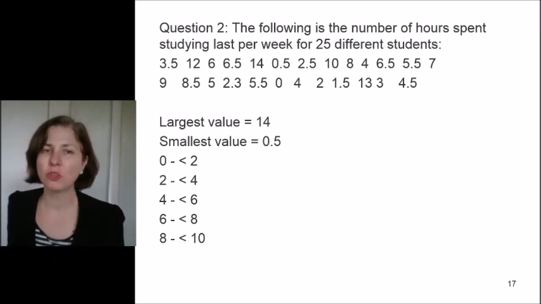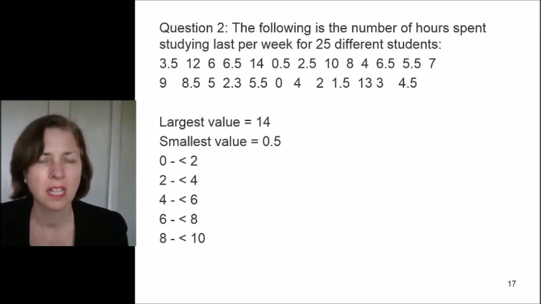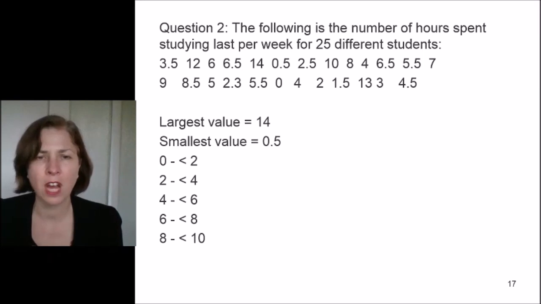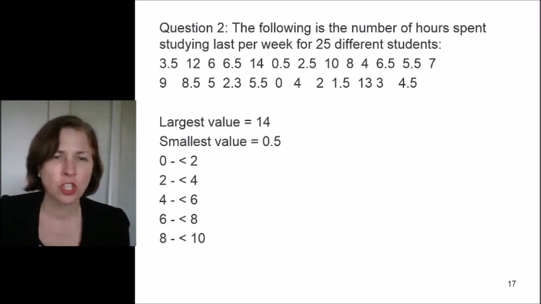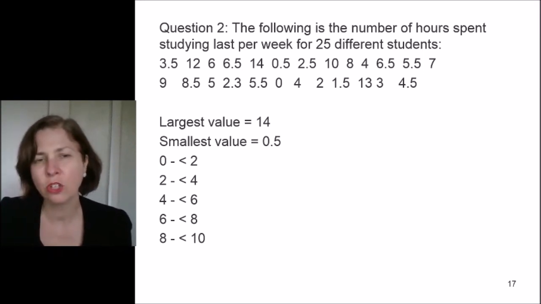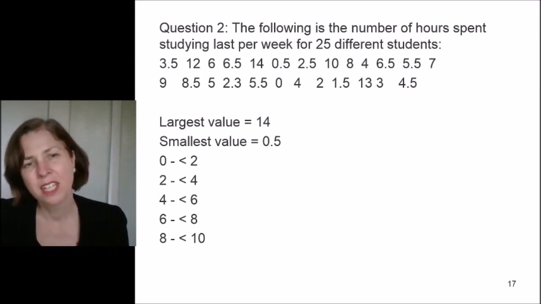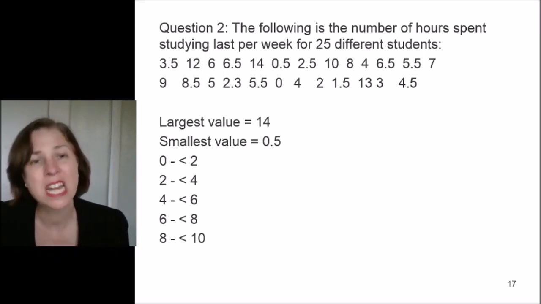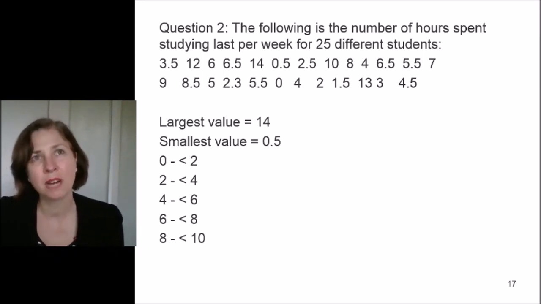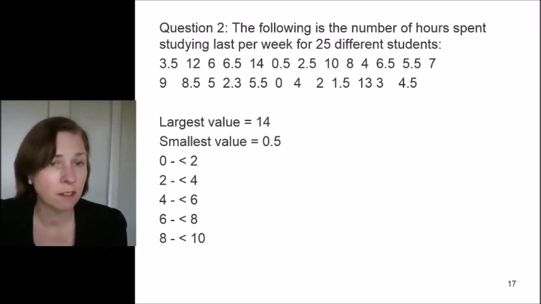Now I need to do it this way for continuous data, because if I just write from 0 to 1.5 and then I start at 2 on the next one, that doesn't include the number 1.6. So what if I go from 0 to 1.9? Well, that doesn't include the number 1.95.